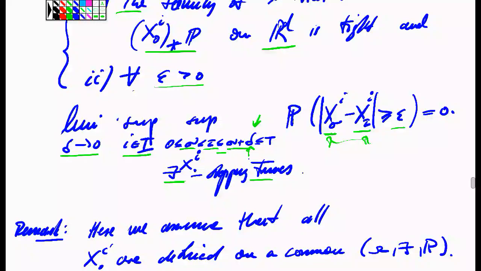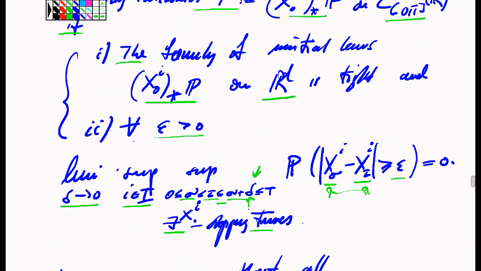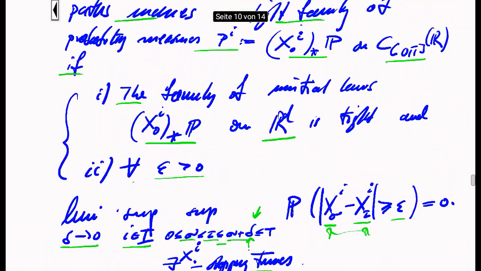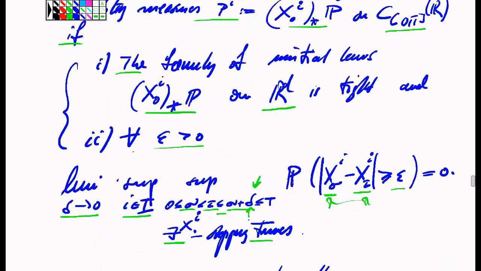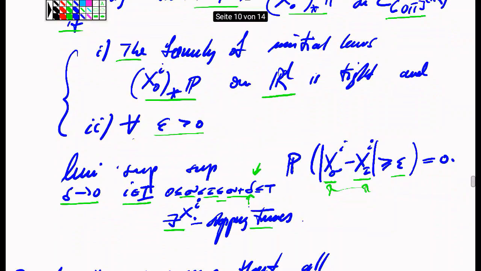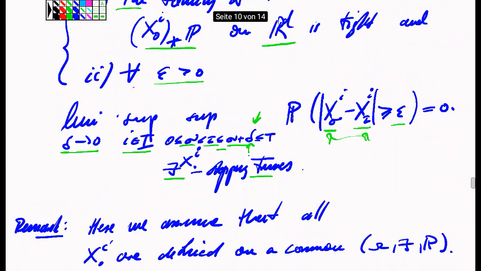So if we can verify this, then the collection of laws of this family of stochastic processes with values in the continuous paths is a tight family.